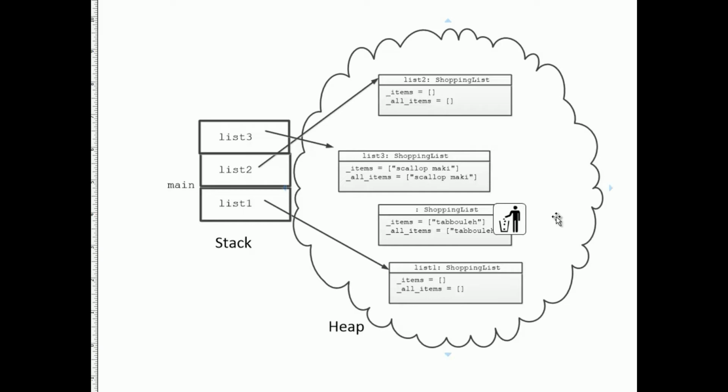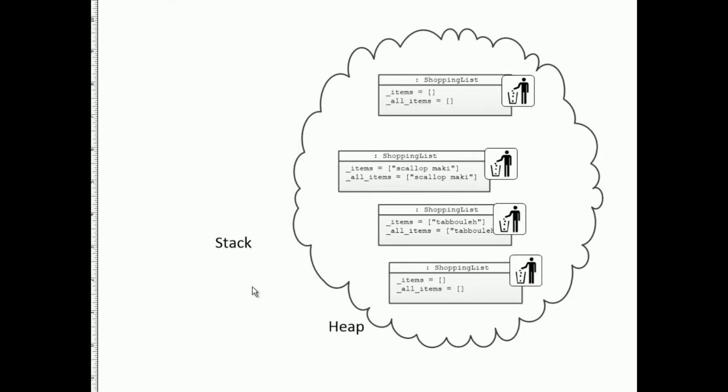Our program has no way to access or use it. It's gone. And when the main function is no longer executing, the frame on the call stack will be destroyed, along with all of these references. And then all of these shopping list objects will be marked for garbage collection.